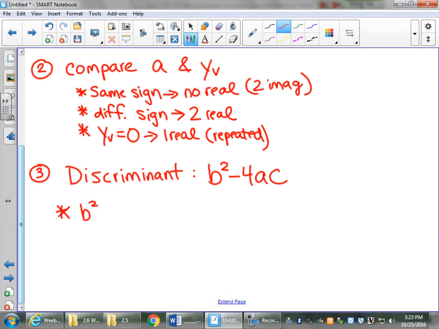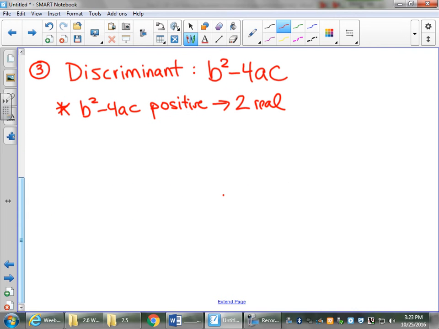So there's 3 scenarios with this. If the discriminant comes out to be a positive number, that's going to be 2 real solutions. Reason being, if you get a positive discriminant, think about the discriminant as part of the whole big formula. It's under the radical, and positive numbers under the radical will give you 2 answers because you have the plus or minus in front of it.